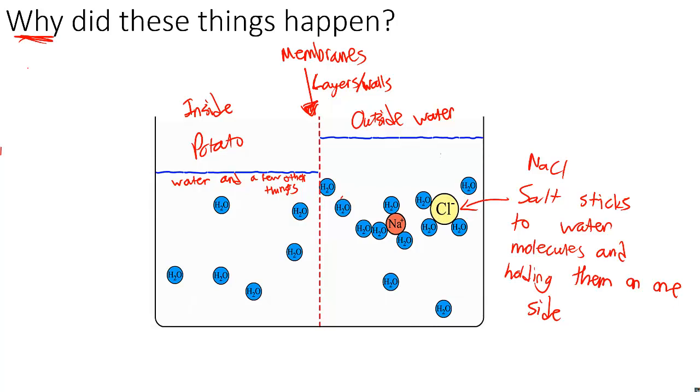The salt is sticking to them. So it's sticking to 6 atoms over there, okay? So water is constantly moving back and forth across this membrane. It likes to run around a lot. So it's running back and forth, okay? But since the salt is sticking to all of the water, most of the water that comes over, more water is going to start moving over here because the water is getting stuck over there.